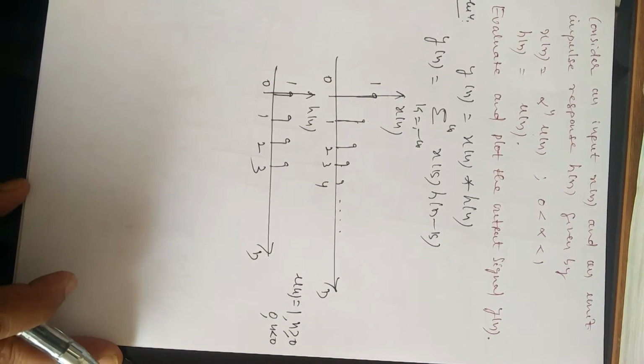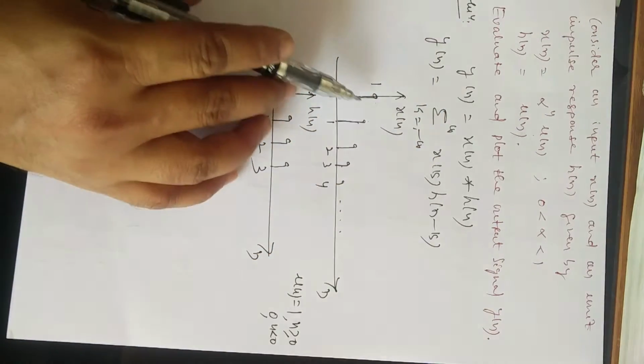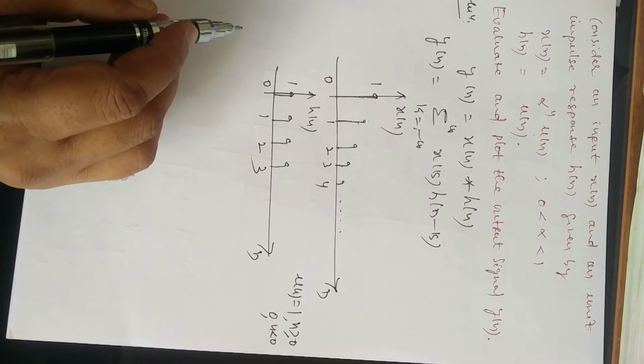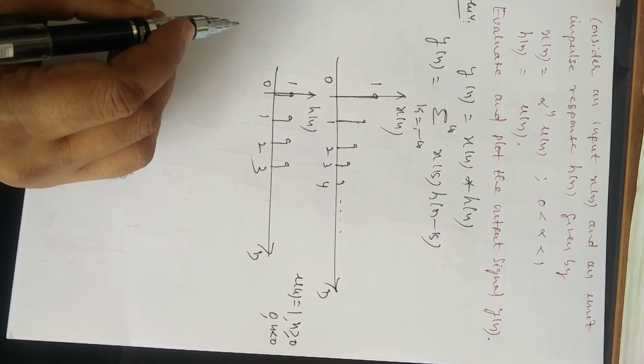Now, x of k: just replace n by k, and it becomes x of k equal to alpha to the power of k into u of k.